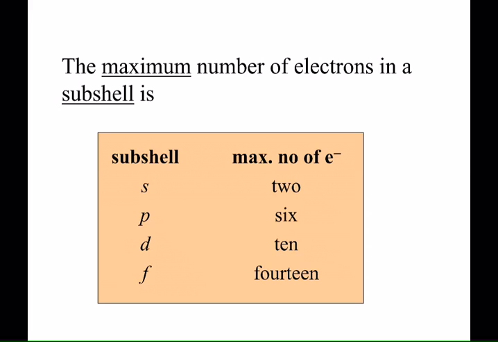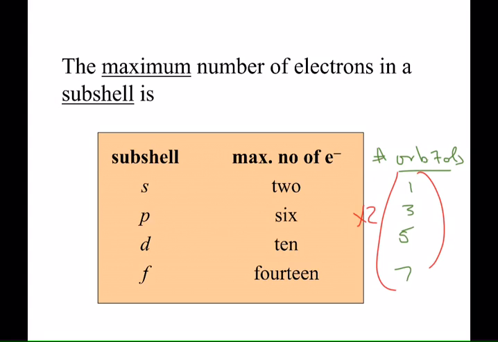I wish there was one more column added to this, so we could add a column that says number of orbitals. There's only 1 orbital for an S-type, there are 3 orbitals for a P-type, 5 orbitals for a D-type, and 7 orbitals for an F-type. And then if you take each of these times 2, that's when you're going to get the number of electrons that you max out at.